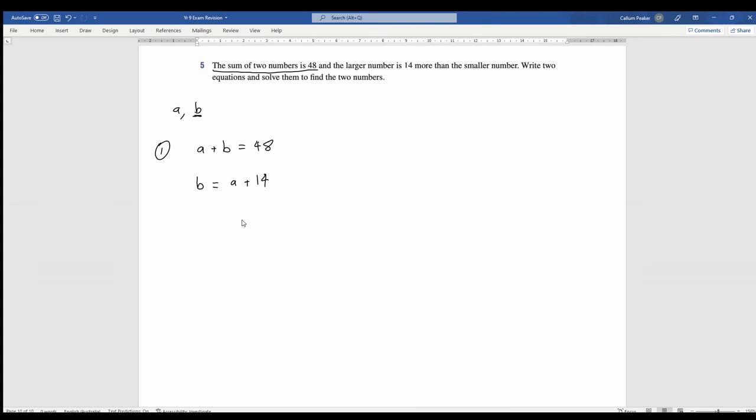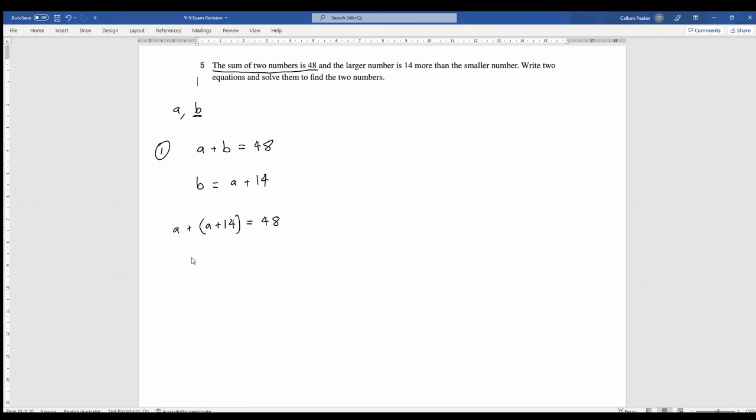We can now solve them simultaneously. I know what b is, so I can substitute it in up here. And what we get is a plus b, which is a plus 14, is equal to 48. I don't need these brackets here, so I can just remove them and add my a terms together.